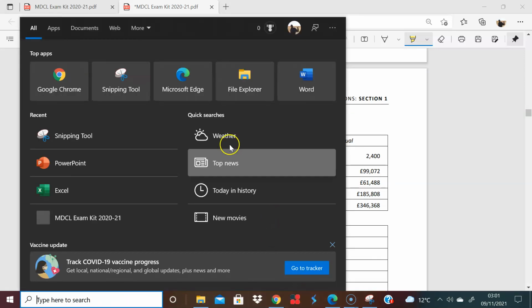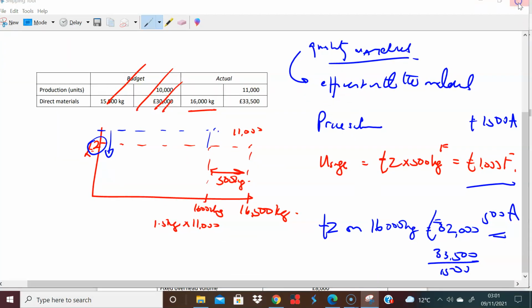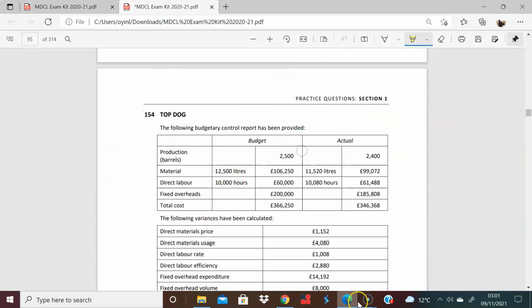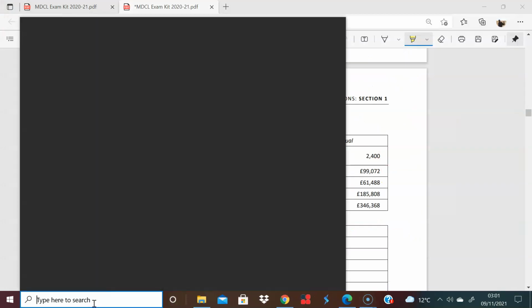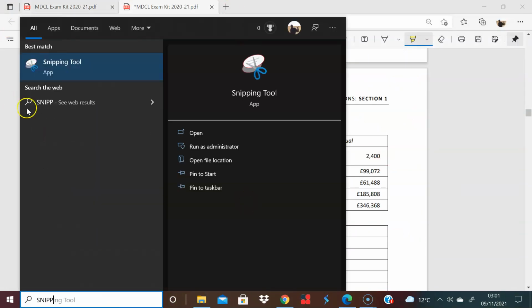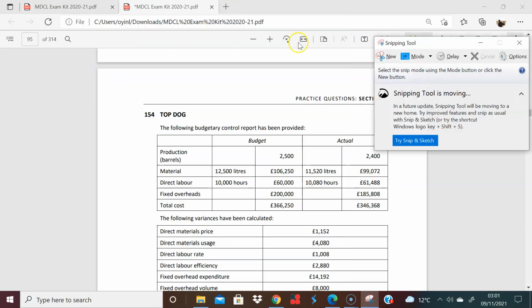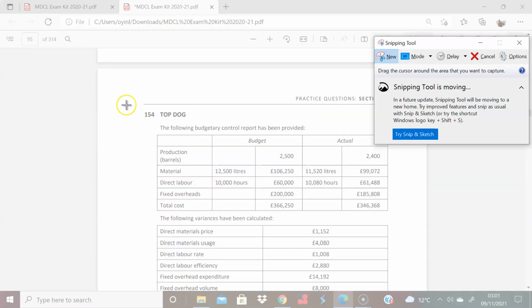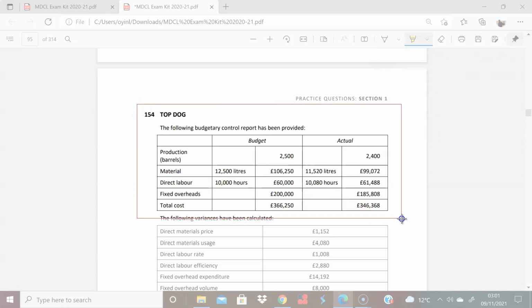Let me just snippet this out. By the way, 153 looks exactly like 152, so I haven't touched it.